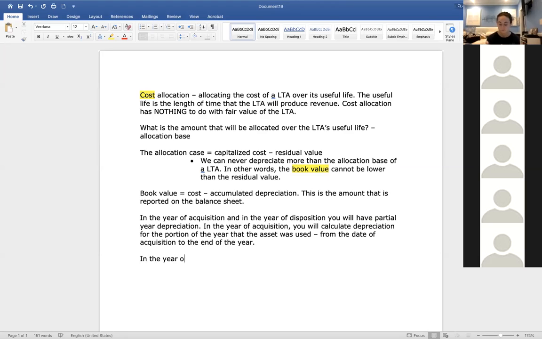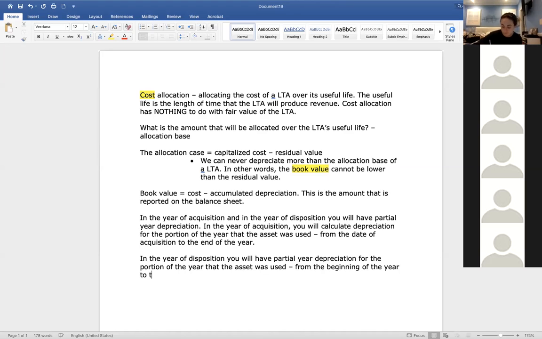So in the year of disposition, that's the year you sold it, the year you exchanged it, the year you retired it, you will have partial year depreciation for the portion of the year that the asset was used, which would be from the beginning of the year to the date of disposal.